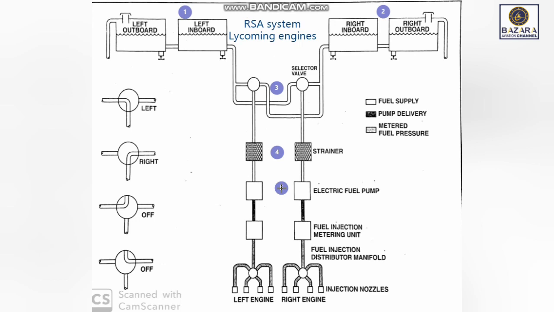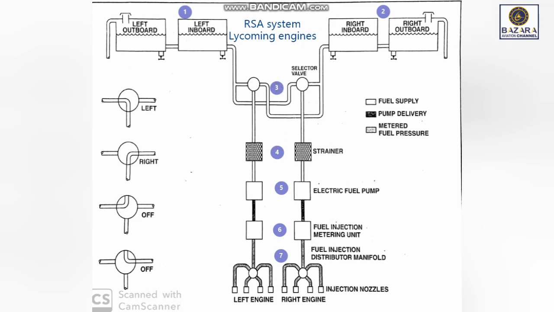Also we have two electric fuel pumps, two fuel injection metering units, and the last one, two fuel injection distributors. In this system we don't return the fuel to the tank like the first type, and this type uses a cross feed system.